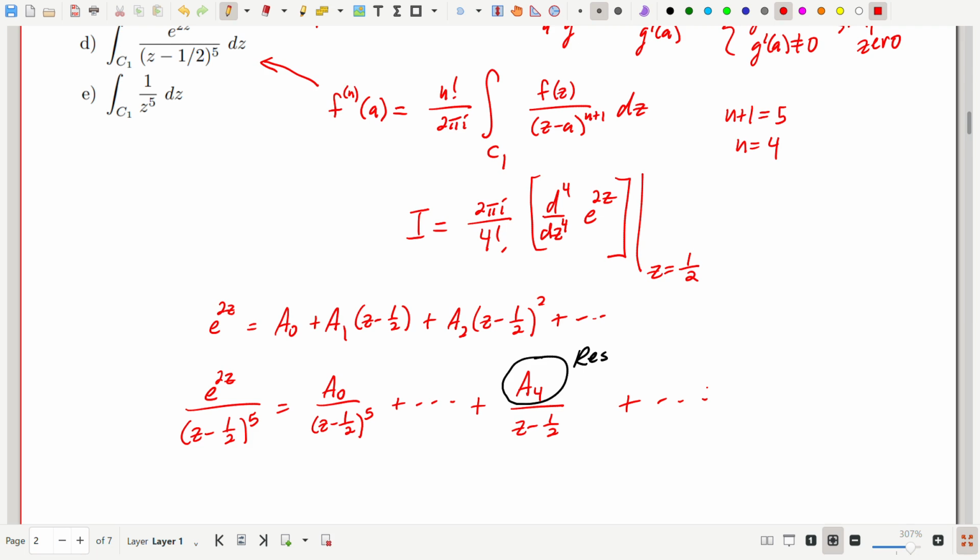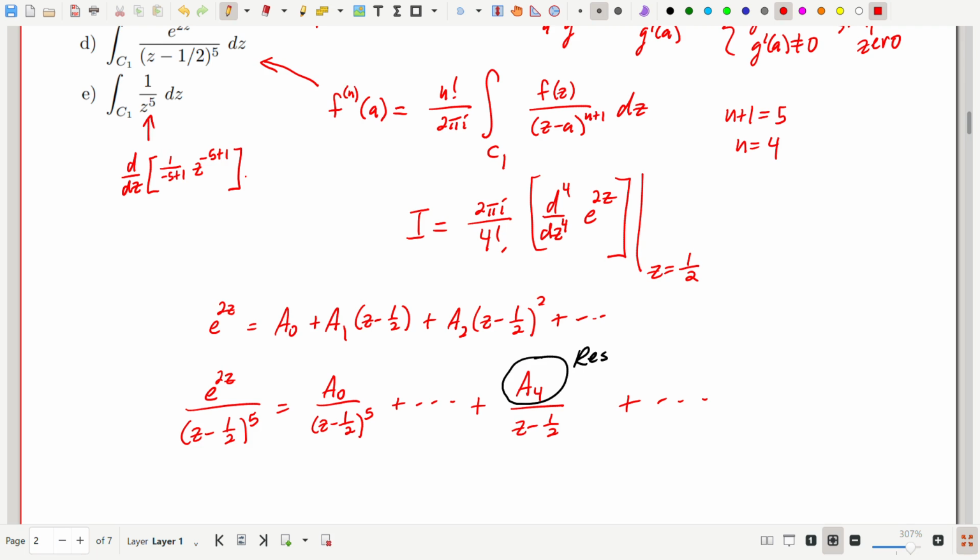But this is also the derivative of something. That's d by dz of z to the minus 5 plus 1 over minus 5 plus 1.